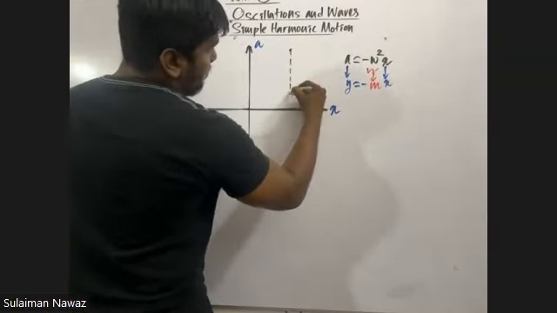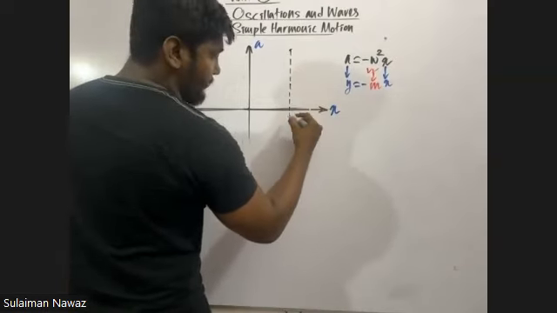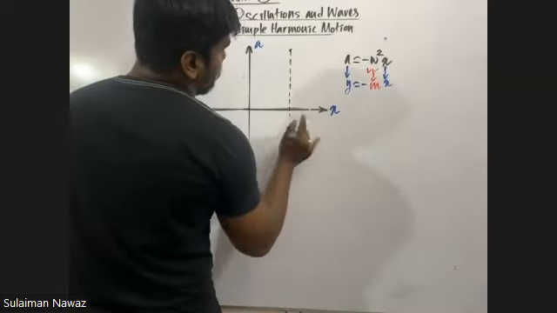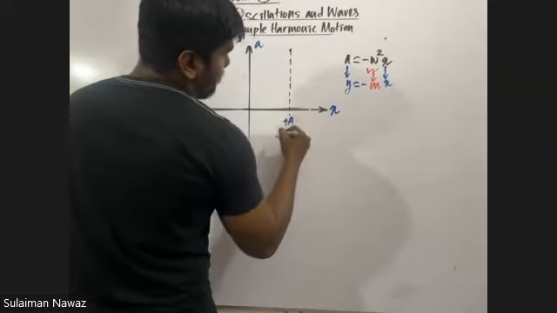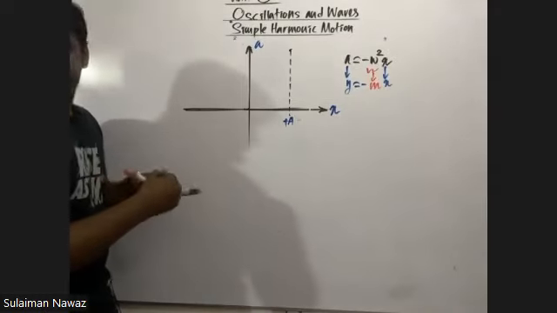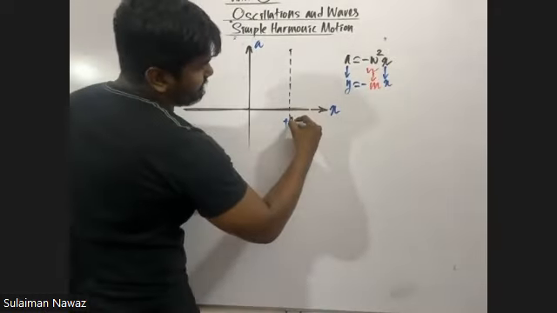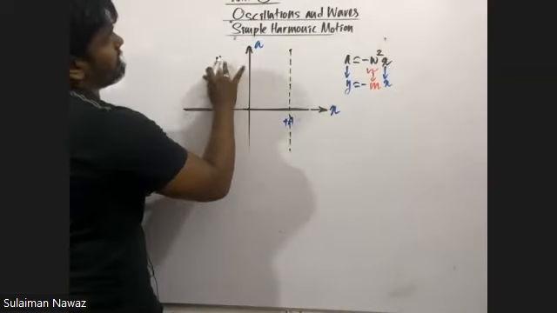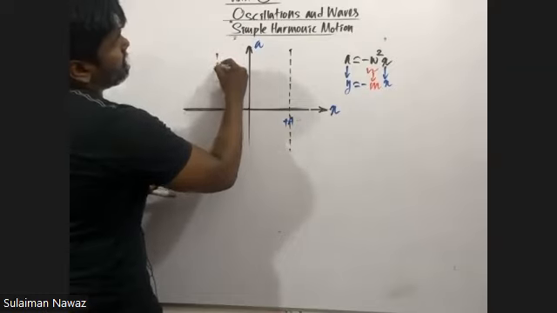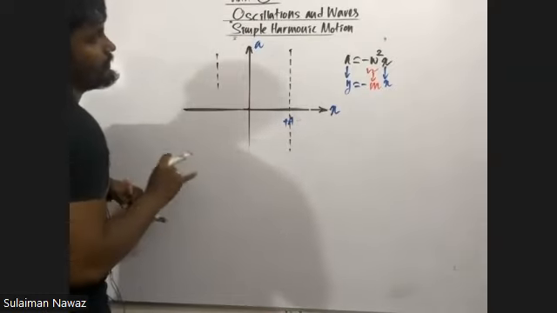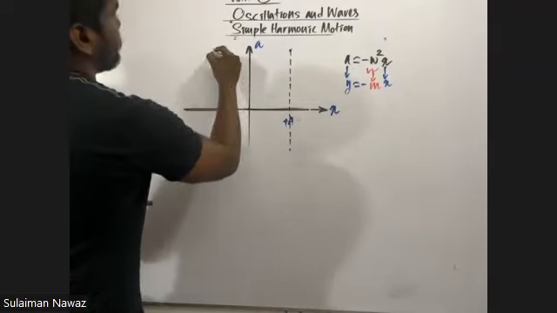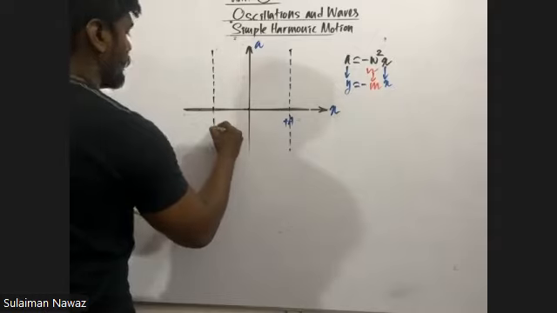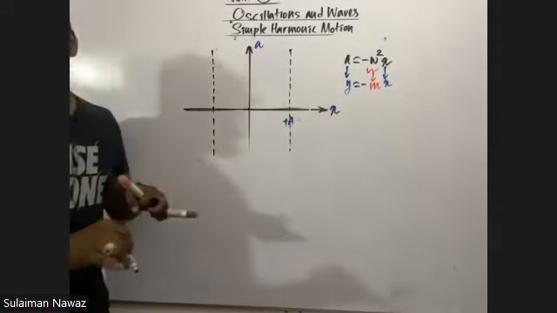Now displacement is maximum at the negative amplitude, minus a. Draw the graph. How would the graph be?